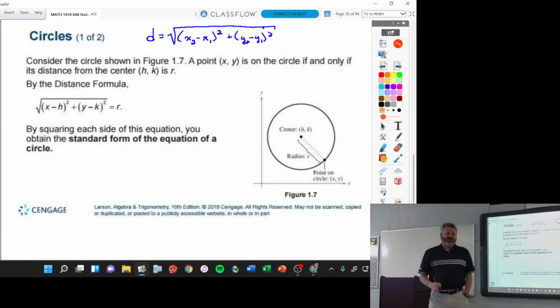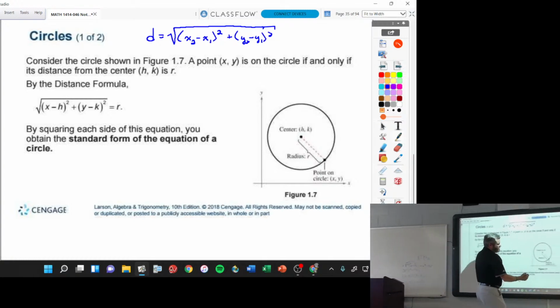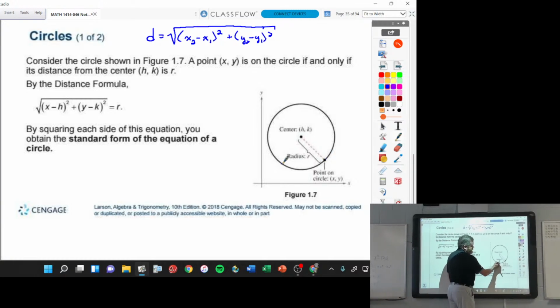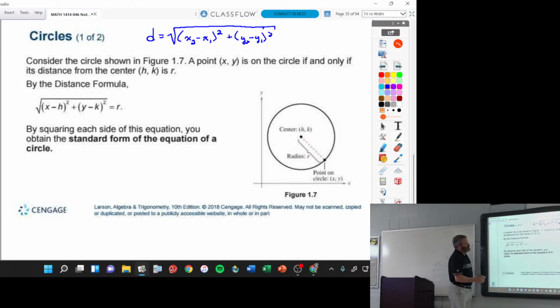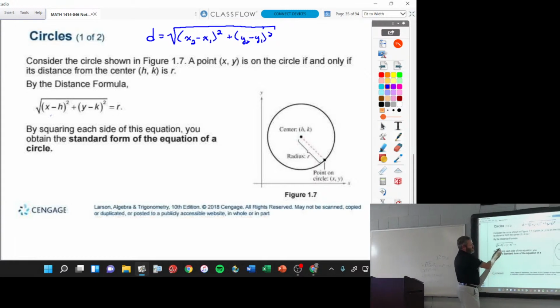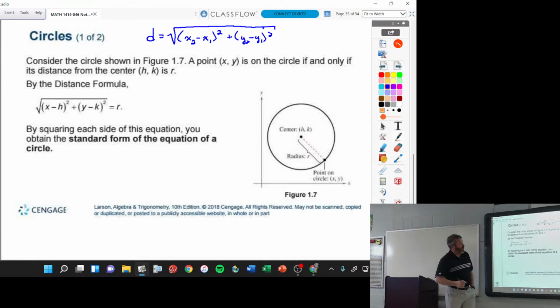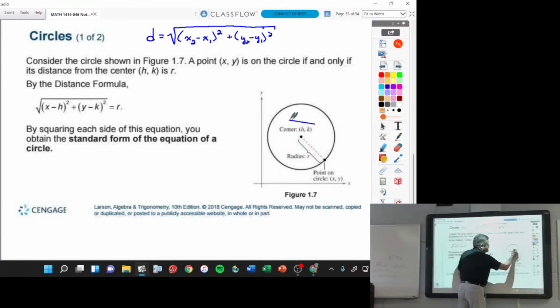Well, if you think about a circle, the circle is a set of all points that are the exact same distance from the center. So this radius is the distance from the center of the circle to any point on the given circle. So that said, I can change that to radius is equal to the square root of x minus h squared plus y minus k squared.